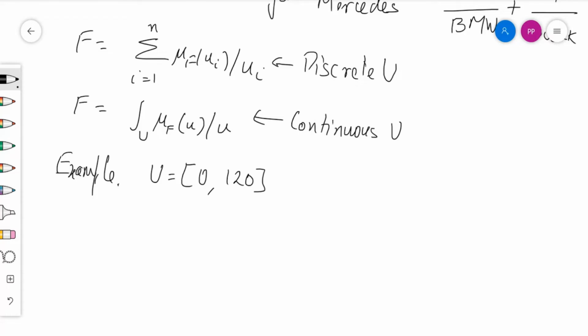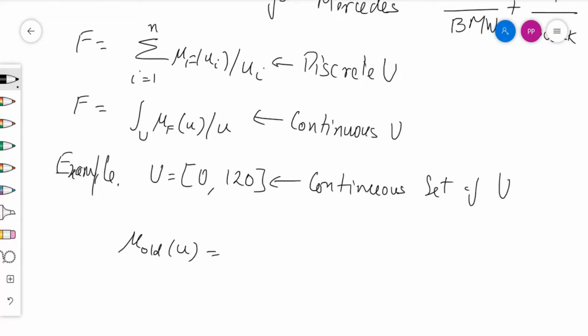Naturally, the higher ages will be considered as old people. So we can define a membership function mu old as a function of an element u. This is a continuous set of u.